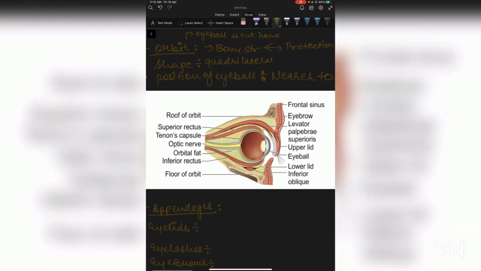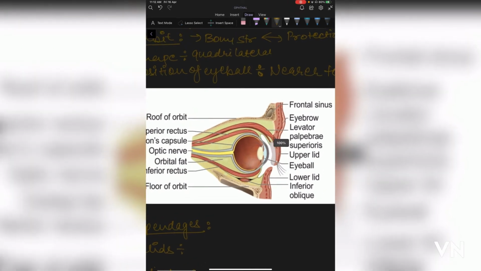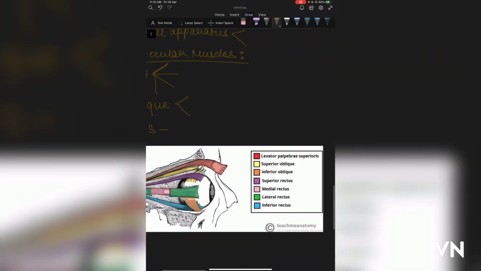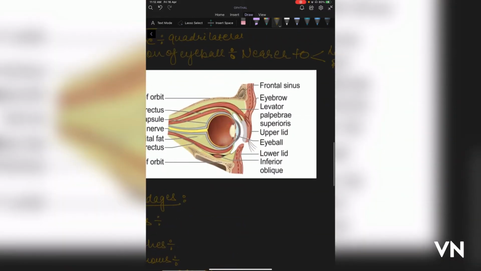Now I would not be discussing the muscles of the body, but the structures of the orbit. In your orbit, if you cut just nearer to the orbit roof, you can find something known as the frontal sinus.